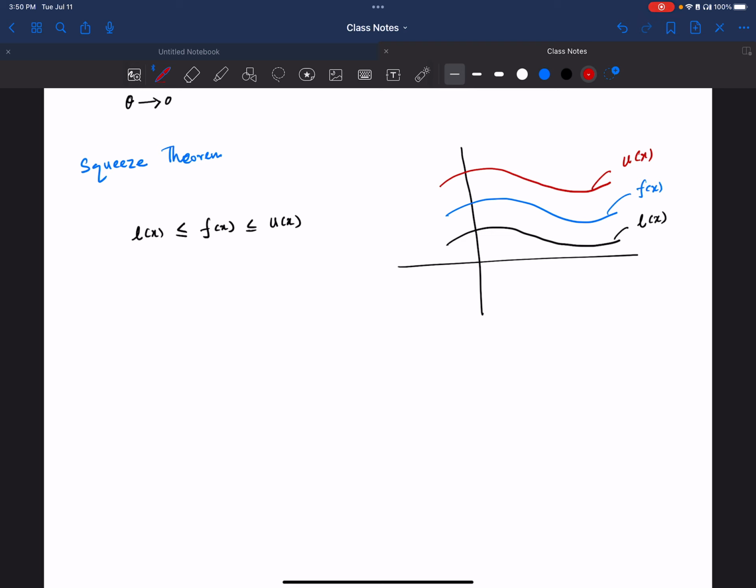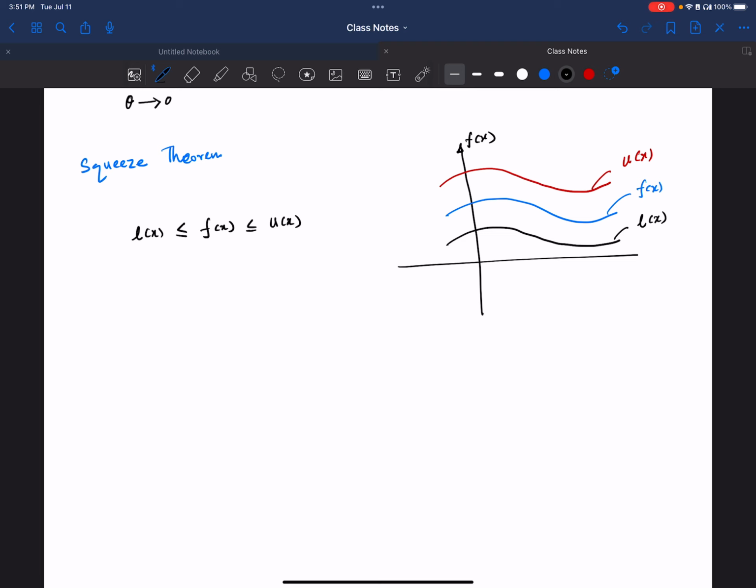This is called the upper function. This is the lower function, and this is f of x. It shouldn't be parallel like I have drawn, but anyway, the values of the upper function should always be higher, and the values of the lower function should always be lower than the values of f of x.